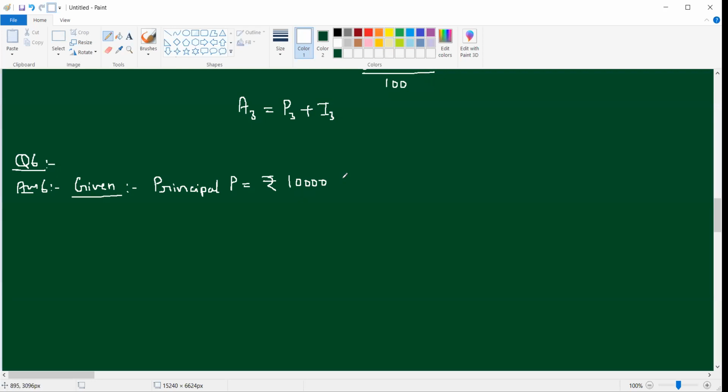And time is 2 years, rate percent per annum we have to calculate. So let the rate percent be R. We have to calculate this. And time is 2 years.